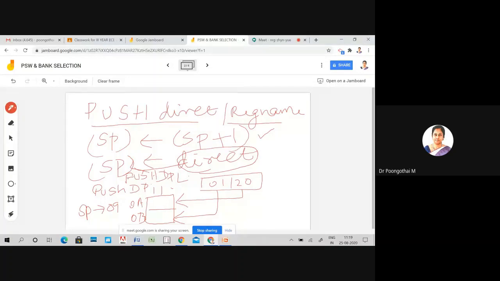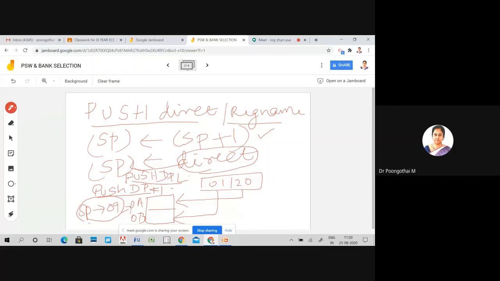For example, in this, the first instruction is push DPL. Second instruction, push DPH. Okay, push DPL, push DPH. So initially our stack is pointing 09. Okay, after execution of this particular instruction, the stack pointer is incremented by 1 and pointing 0A.